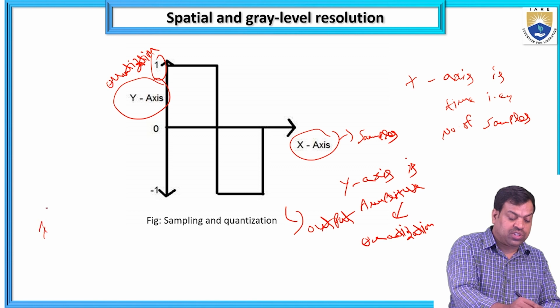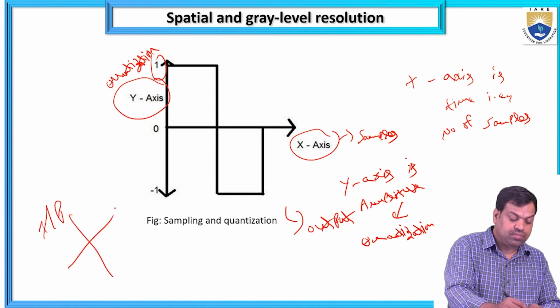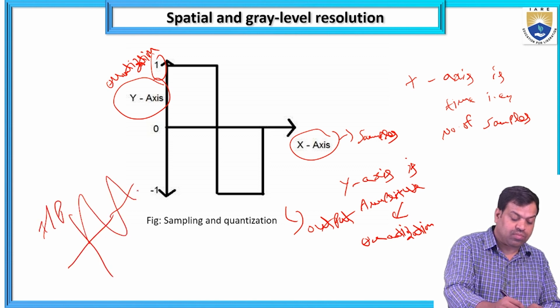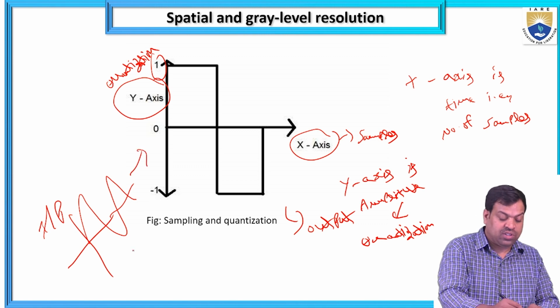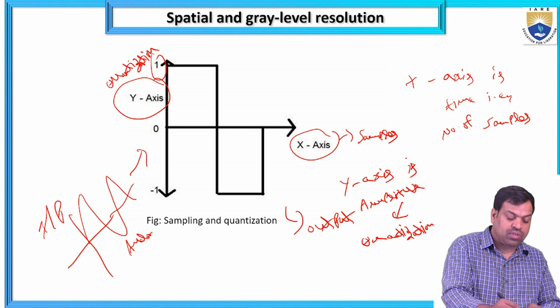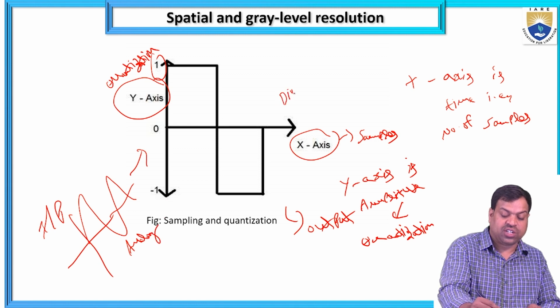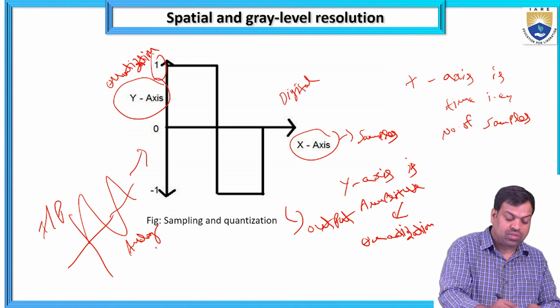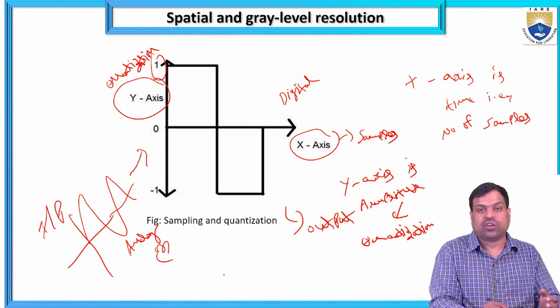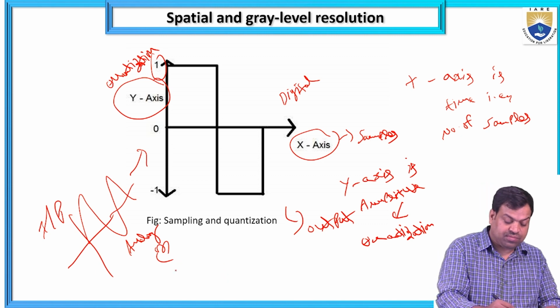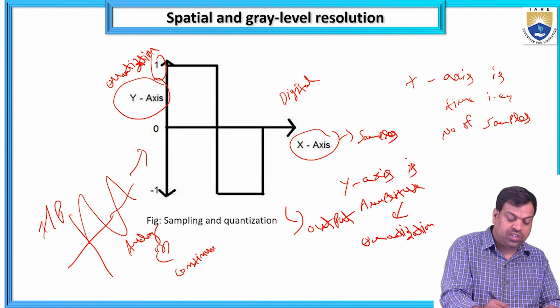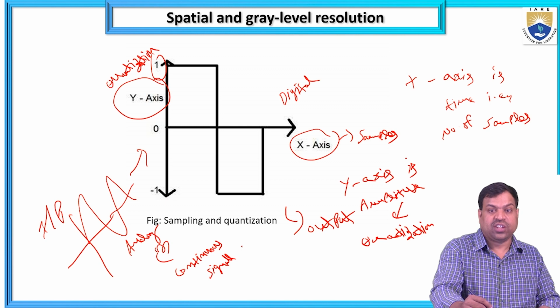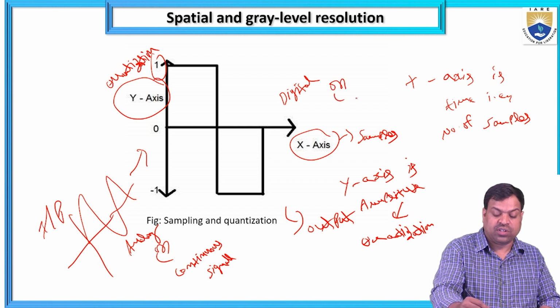So what is the input for this? It is an input and it is an output. Analog is converted to digital, or in another form, a continuous signal is converted to a discrete signal.